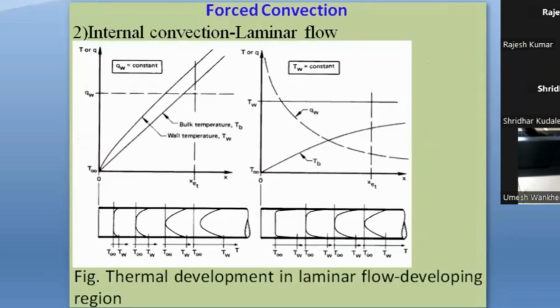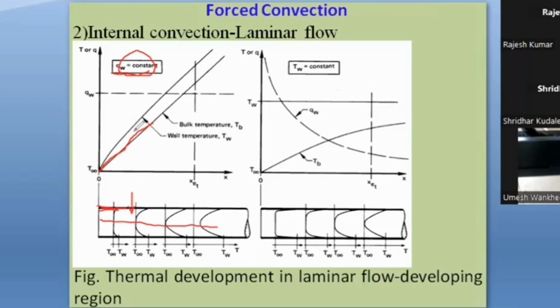Now we'll see the two types of boundary condition here for laminar flow heat transfer. In this one, the heat flux is constant. Here the bulk fluid temperature goes on increasing as the fluid moves, because the wall temperature is higher and heat is given to the fluid.